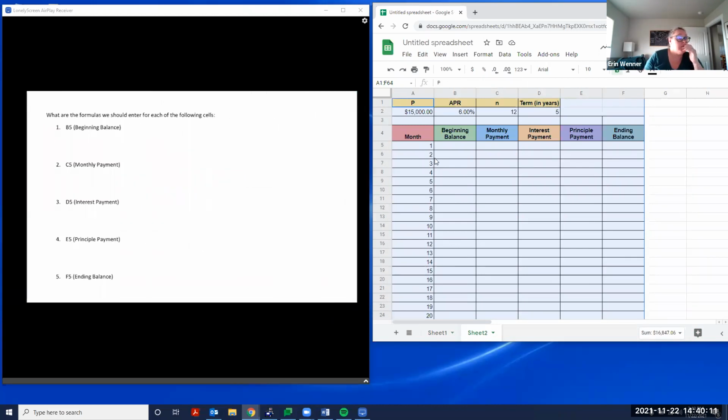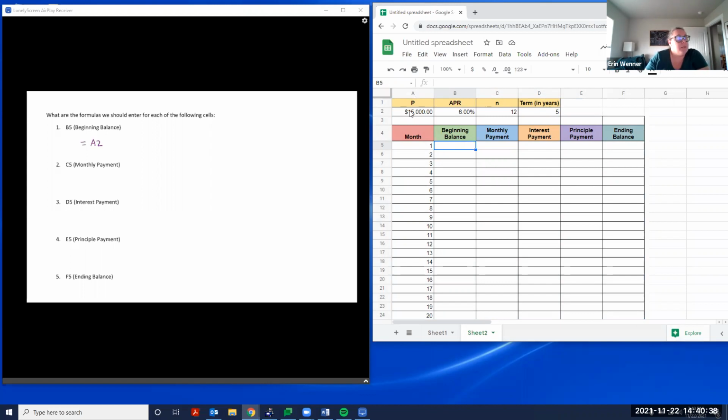First of all, we are going with as if we had the 5-year 6% loan. Okay. So the beginning balance is going to be what we're starting with. And so in this case, in section B5, we're going to put equals A2.